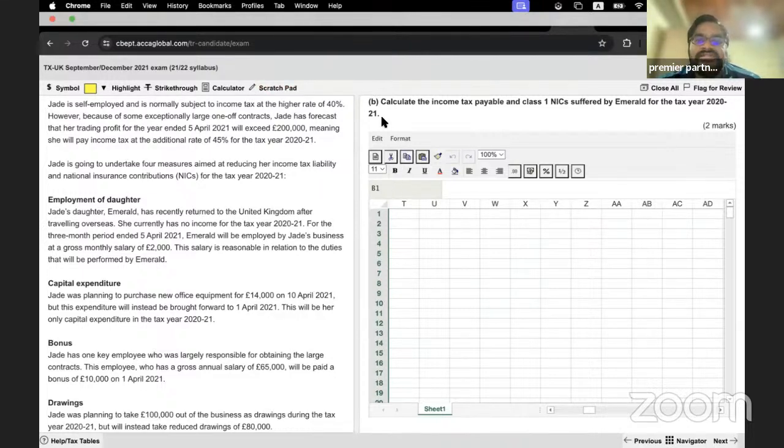Right. So to answer this B part of this particular question, do we need to read the entire scenario? We don't need to, because all the relevant information is given under the employment of daughter paragraph itself. Most of your exam papers will have this structure.